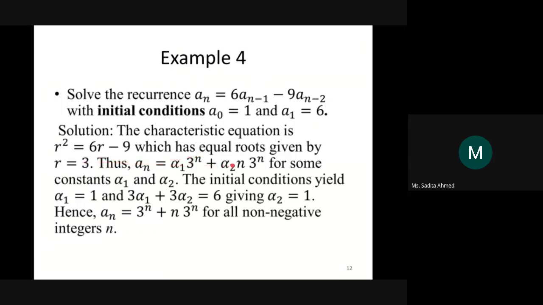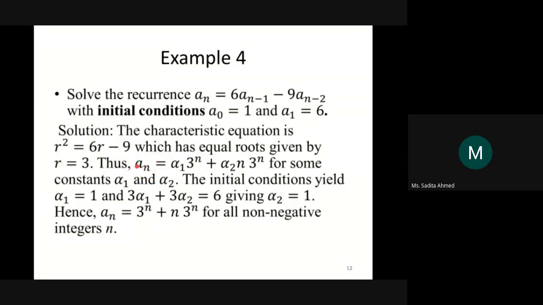Again, just like before, use the initial conditions. Initial condition a0 equals 1, so n is equal to 0. If n is equal to 0, what happens here? The left hand side is a0. What is a0, guys? Do we know the value of a0? Yes, we do. It's 1. So left hand side is equal to 1. What happens to the right hand side for n is equal to 0? Alpha 1 into 3 to the power of 0.